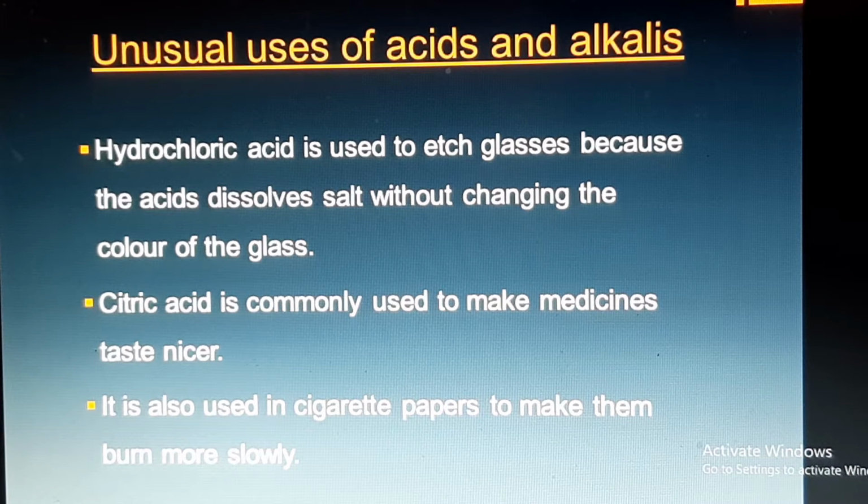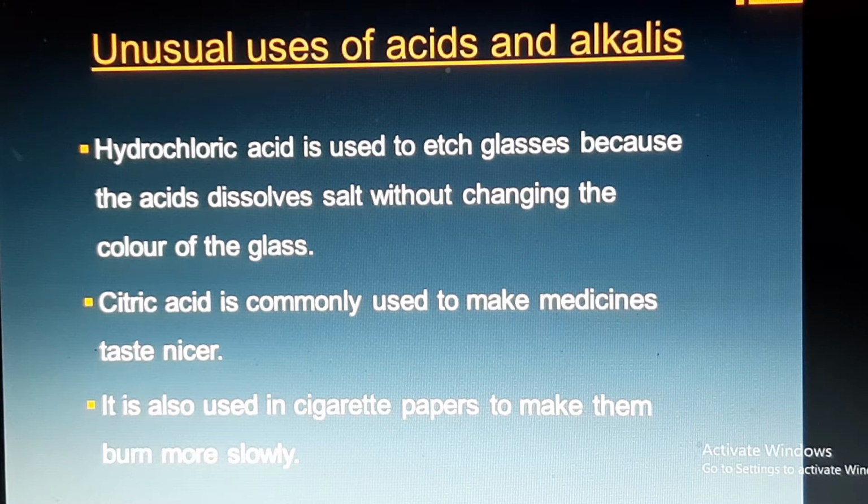Second one, citric acid. Citric acid is commonly used to make medicines taste nicer, because the medicine contains so many chemicals, so it doesn't taste good. So, to get a pleasant taste, we are adding citric acid to it.